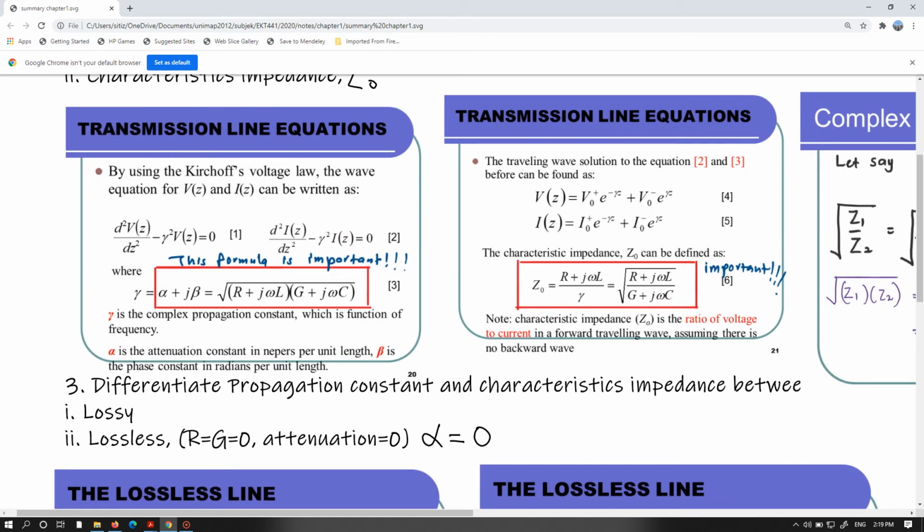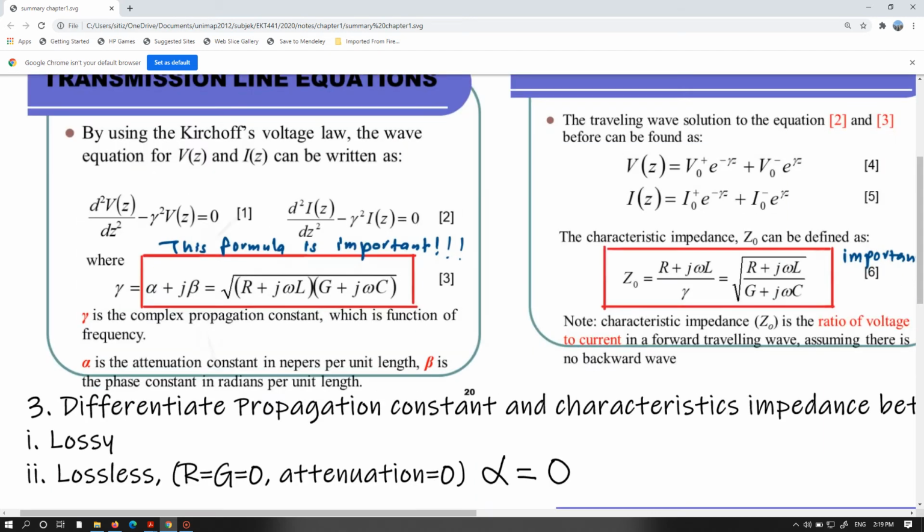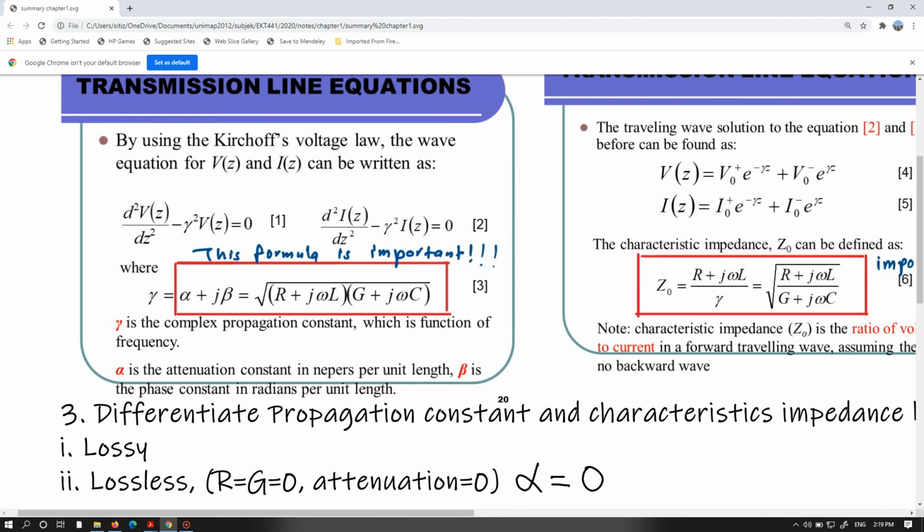The propagation constant will describe how much attenuation will occur when going through this transmission line, known as alpha.